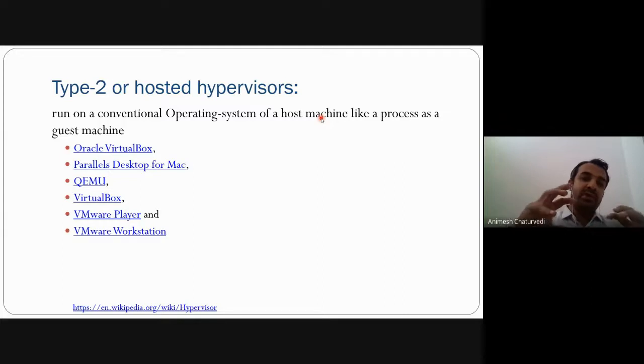You put that software on the Windows operating system, and then on top of that you install Ubuntu. Oracle VirtualBox is an example. Parallels Desktop for Mac is an example. QEMU, VirtualBox. Then VMware Workstation Player.